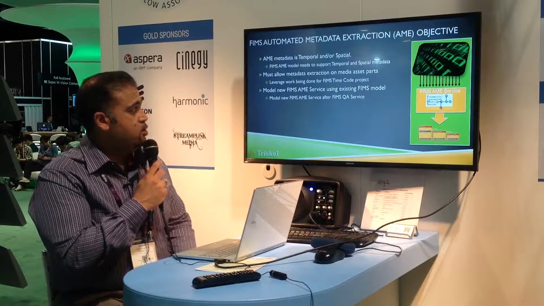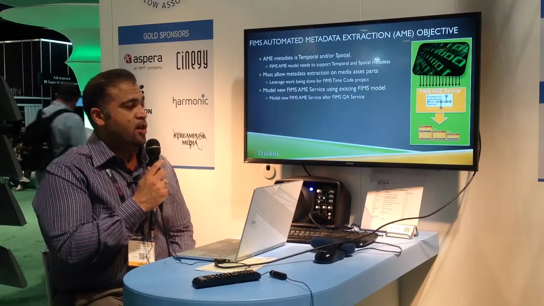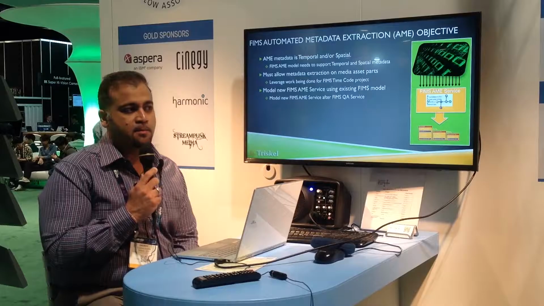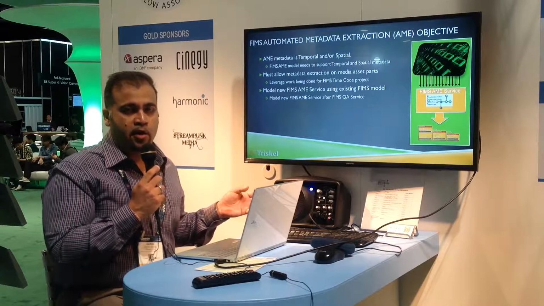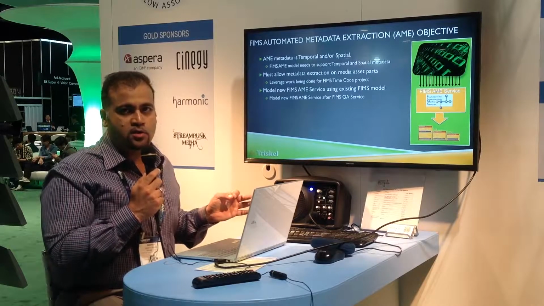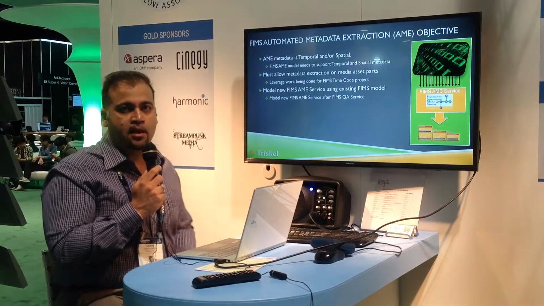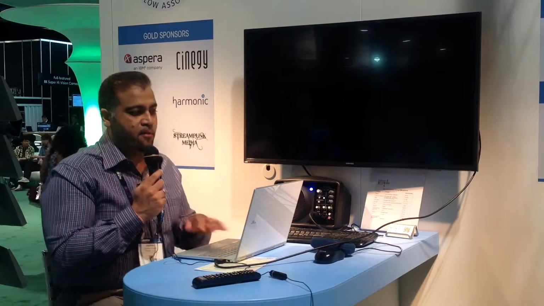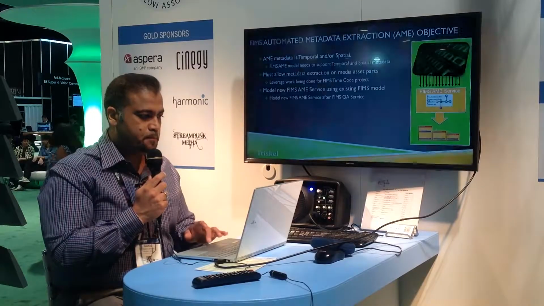We need to be able to allow metadata extraction on media asset parts. What does that mean? You might not want to run AME on the whole of, let's say, a 30-minute clip. You may want to only extract AME information for 5 minutes of the 30 minutes.